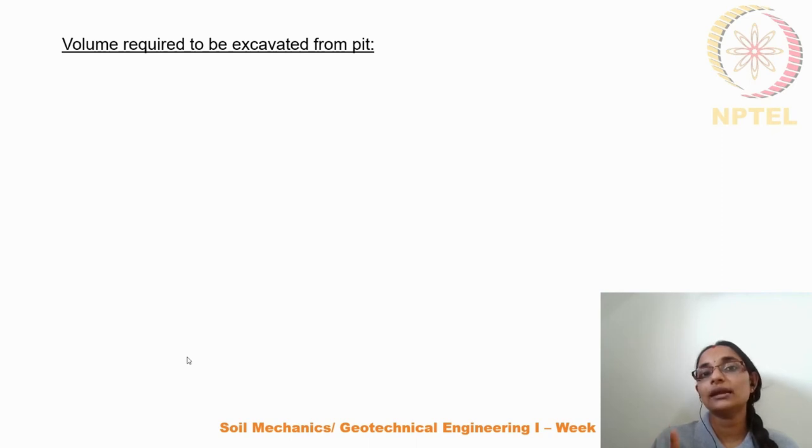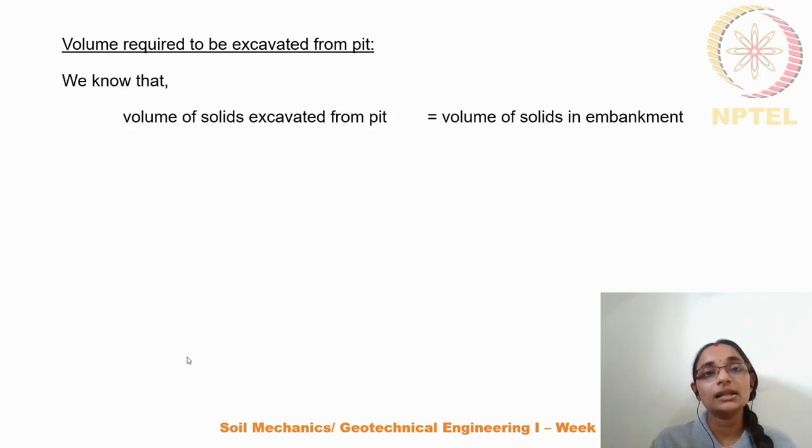We know that the required volume of the embankment is 50 meter cube, but that is the required total volume. The concept is that the volume of soil solids coming from the pit is equal to the volume of soil solids in the embankment.